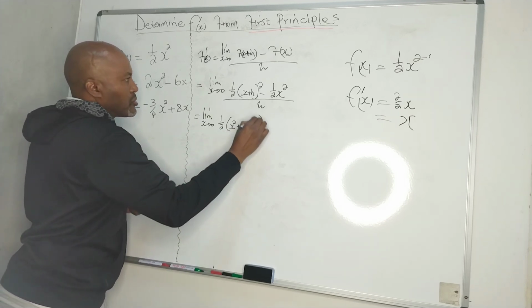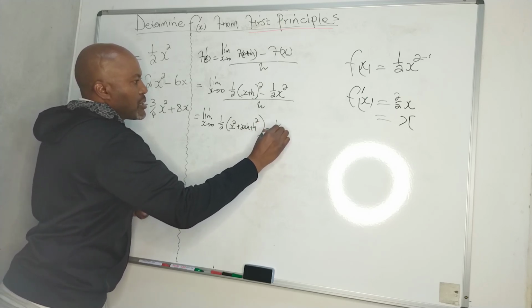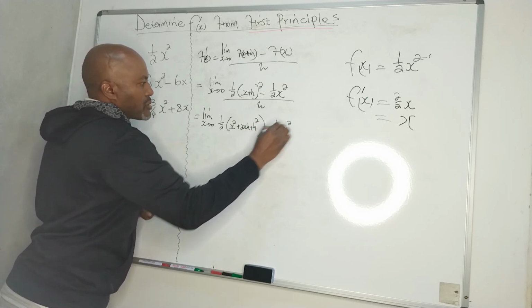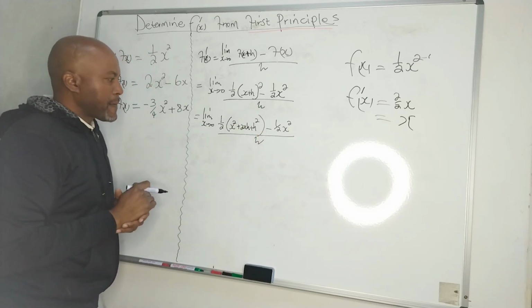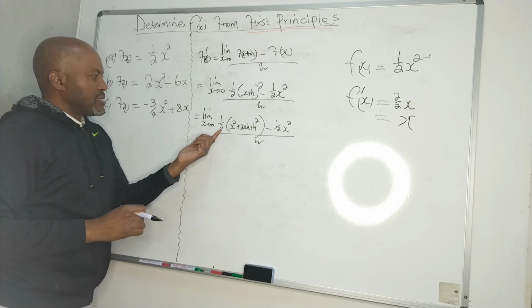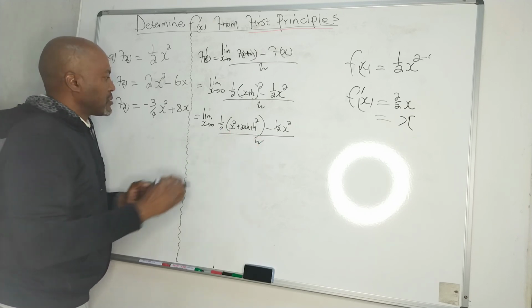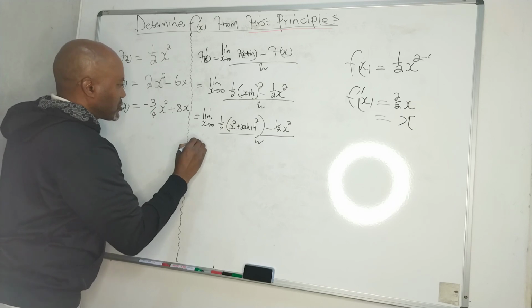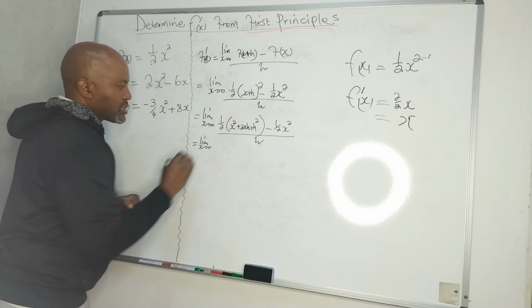Then you close, minus 1 over 2 x squared, all over h. Okay, you need to multiply this 1 over 2 inside, so this equals the limit as h approaches 0.